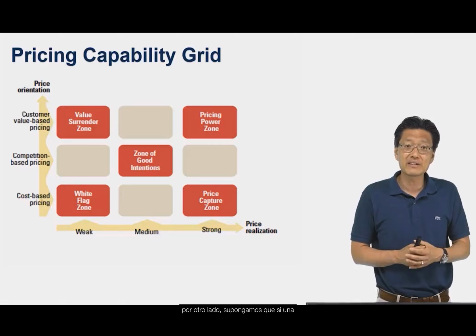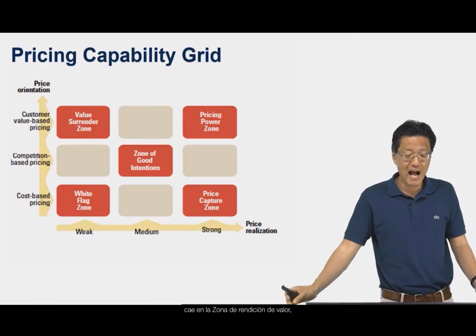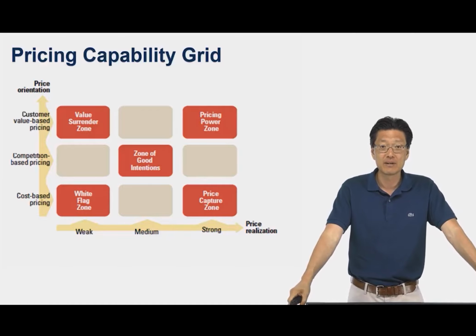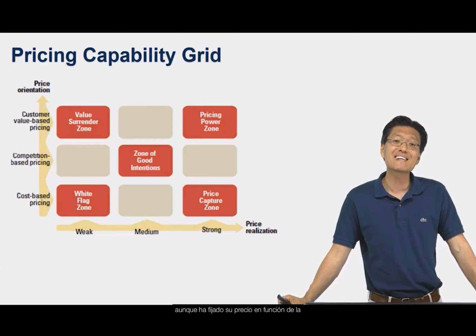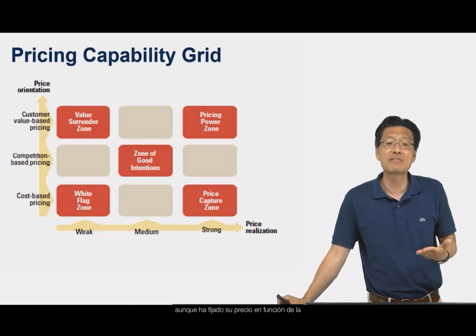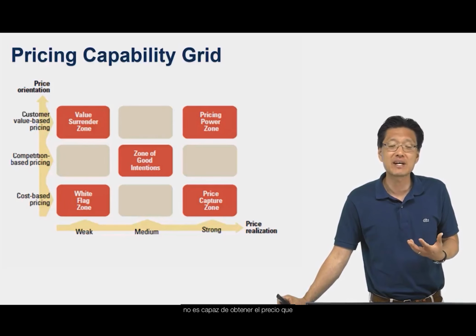On the other hand, if a company falls under the value surrender zone, then this is a company that, although it has set its price based on value-based pricing, has very weak price realization, price getting capability, where it is not able to get the price that it has set out.